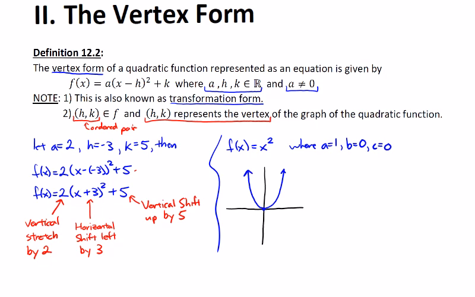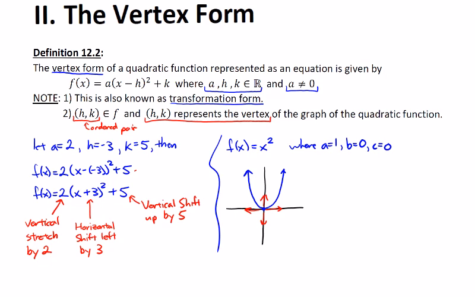So anytime I have an h or a k that is in my vertex form, then I'll be taking this basic picture and I'll be shifting it left or right or up or down. So that means that the vertex is going to have to go left or right or up or down along with the rest of the function.